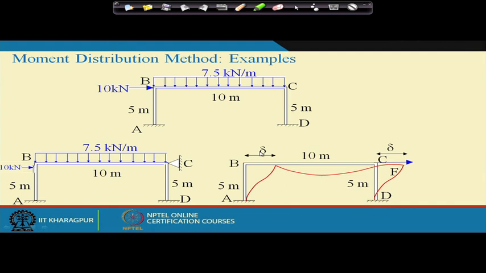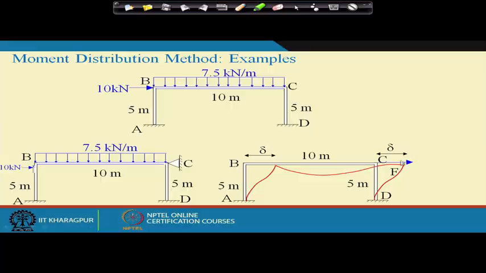obtain the sway, right? Now what we do here is we allow the structure to sway by some arbitrary value, and then, knowing that sway deflection delta, we determine the force that may cause the frame to sway by that delta amount.